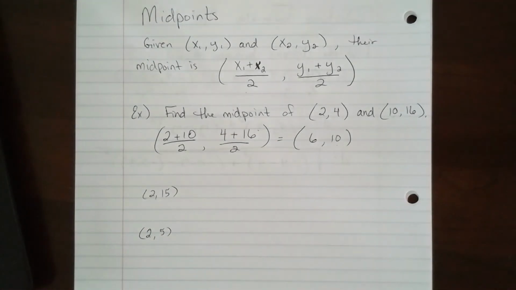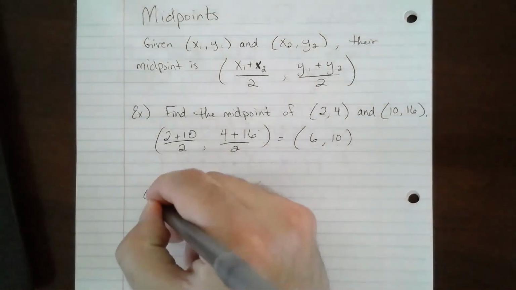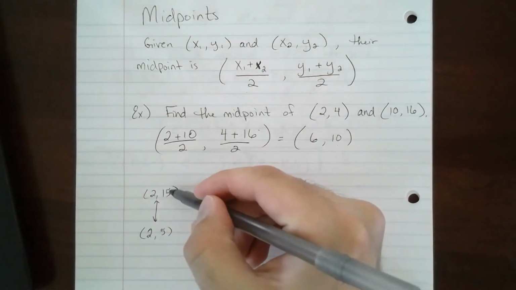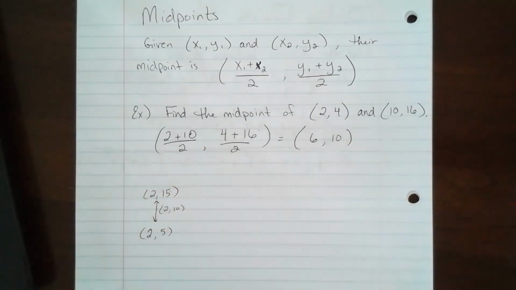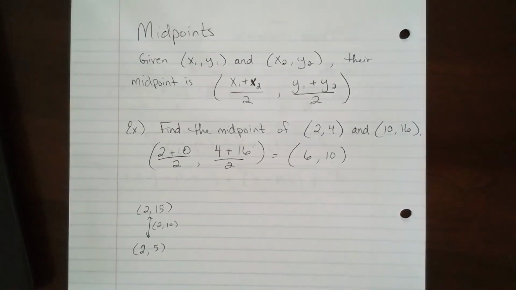But if you have 2 and 2, there is no in between. You would just have a difference vertically. So 15 and 5, the middle of that would be 10, so your midpoint would just be at 2, 10. That would be pretty straightforward. The same thing works in a horizontal way, except your y would stay the same and only your x would change.